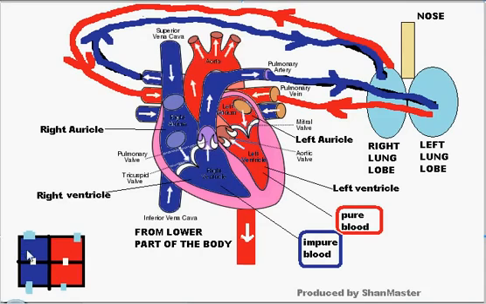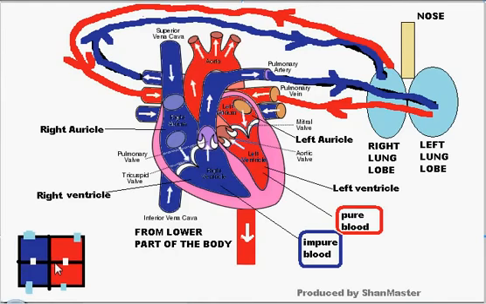Now, why did I show here a simple sketch, to show you the heart has 4 chambers, and in each chamber you can see the openings. What are the openings available? Now you see, this is the right auricle. From right auricle to right ventricle there is an opening protected by the tricuspid valve.